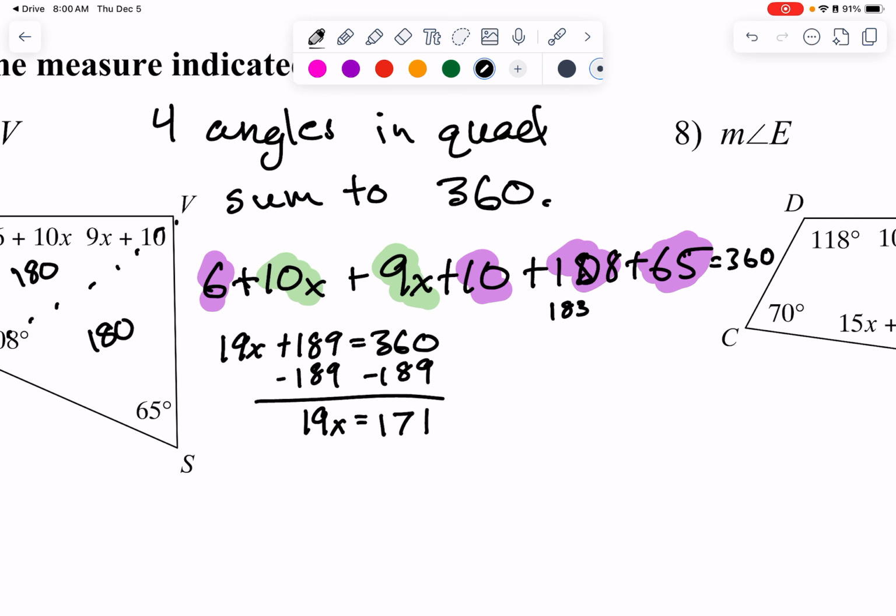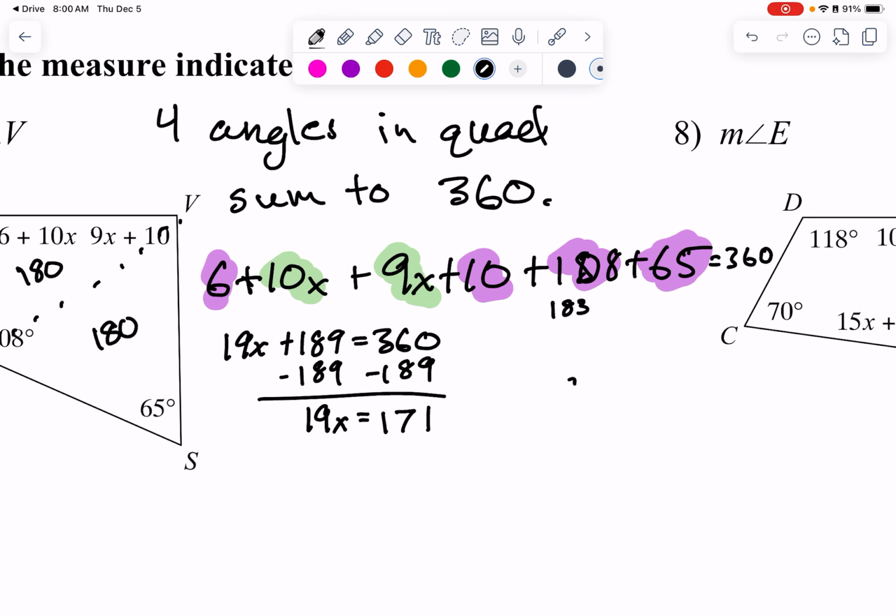Let's see. 8 times 20 would be 160. So maybe it's 9 times 19. Let's try 9 times 19. 9 times 10 would give me 90, and 9 times 9 would give me 81. And what do you know? That's 171. So x equals 9.